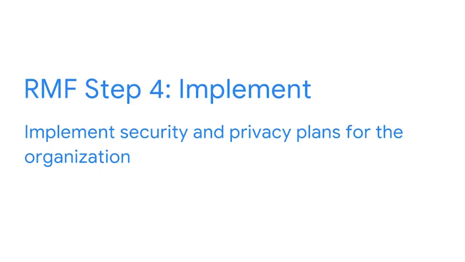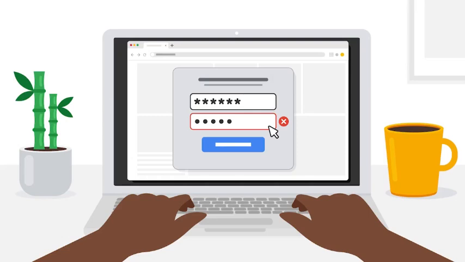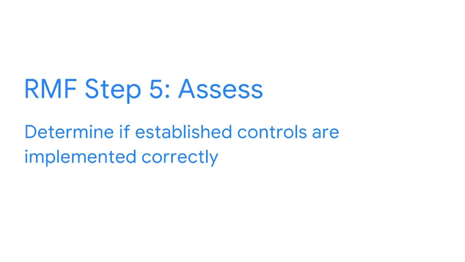Step four is to implement security and privacy plans for the organization. Having good plans in place is essential for minimizing the impact of ongoing security risks. For example, if you notice a pattern of employees constantly needing password resets, implementing a change to password requirements may help solve this issue.